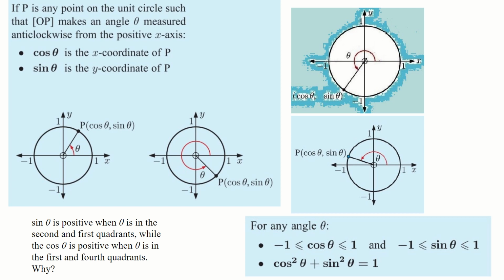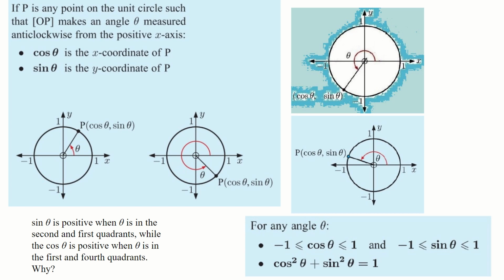In the second quadrant, all cosine values will be negative, and all sine values will remain positive. Oh, and I forgot to mention that the x-coordinate of point P, which is correlated to the angle theta, as is shown here, is in fact not just cosine, but cosine theta and sine theta.